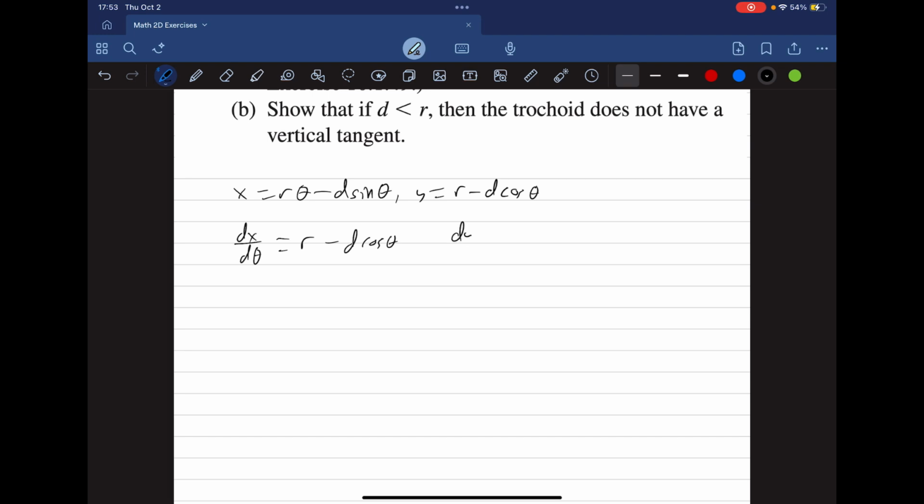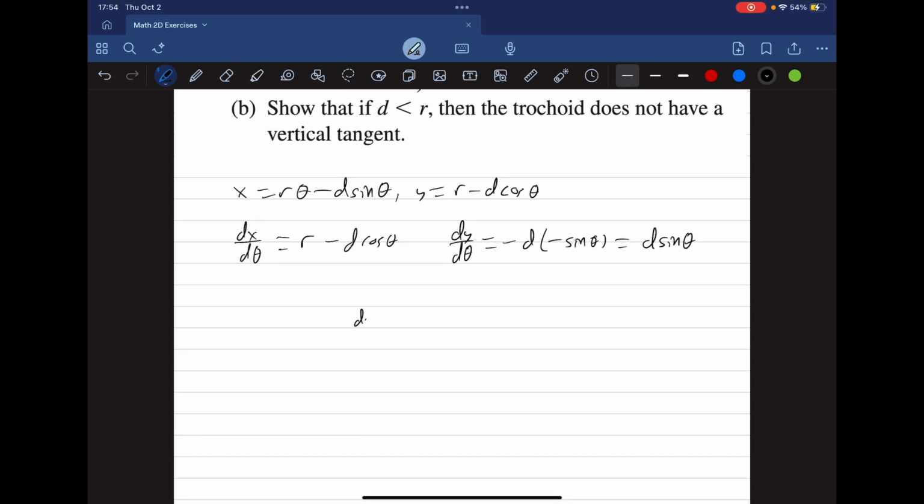Similarly, for the derivative of y with respect to theta, now we don't have a theta in front of the r, so that's just a constant, and it goes to 0. And the derivative of cosine is negative sine. So this derivative is d sine theta.